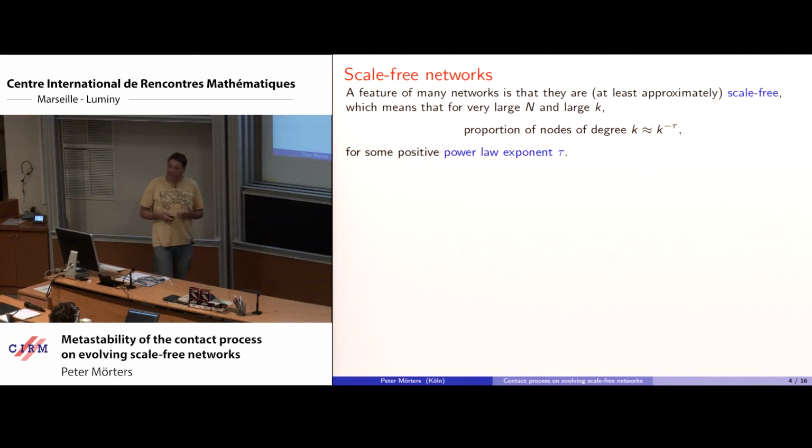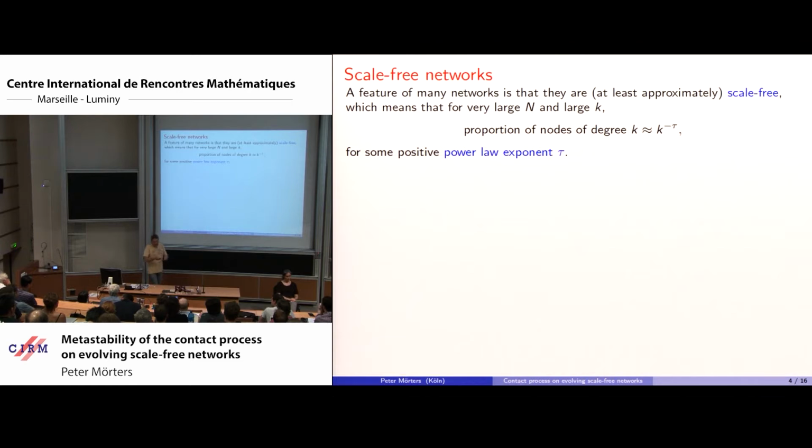But then there's a second, better reason, and this is that I will eventually put a stationary evolution on these graphs, and the easier the model, the more natural stationary evolutions can have this as an invariant distribution. If I have a complicated model, the evolution that I put on is necessarily so complicated that you wouldn't consider it natural. So that's a reason to keep it as simple as possible.